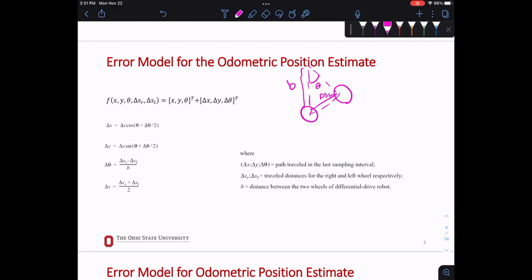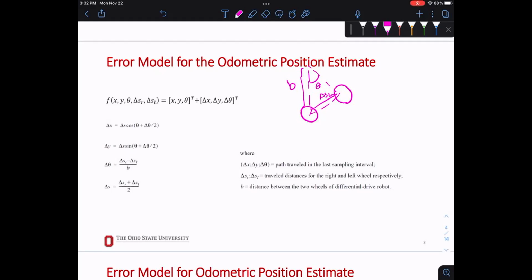So if you put all of that and write the equation, you're going to come to this for delta Y, delta X, and delta theta, and delta S equations, right? So I didn't write the whole process. You should be able to do that. If you needed help, I can send you a piece of lecture that has all of it. But we will use these four to calculate or estimate the position for our robot.